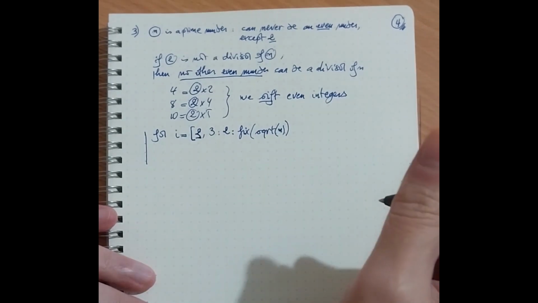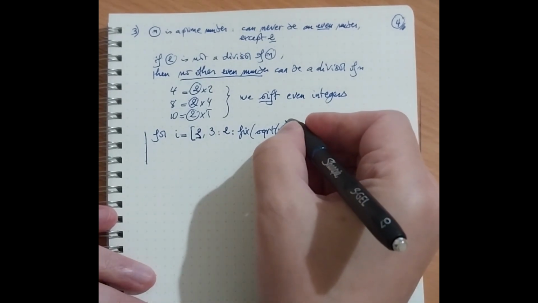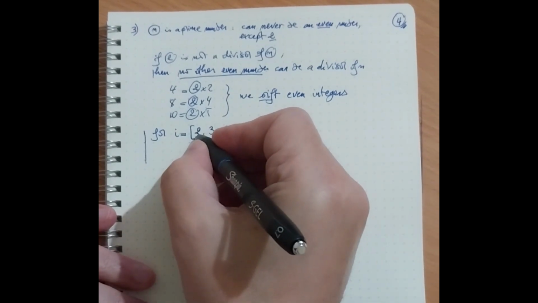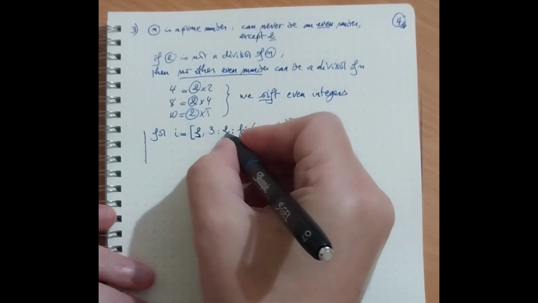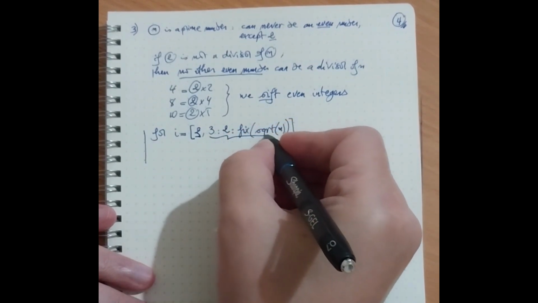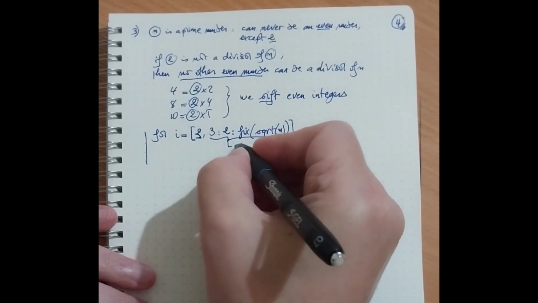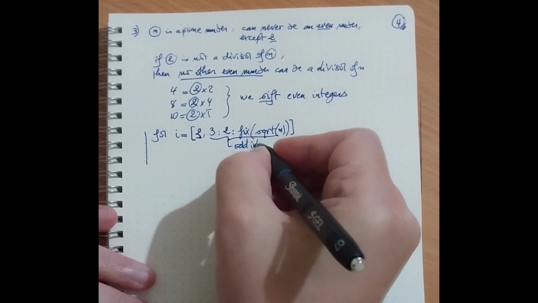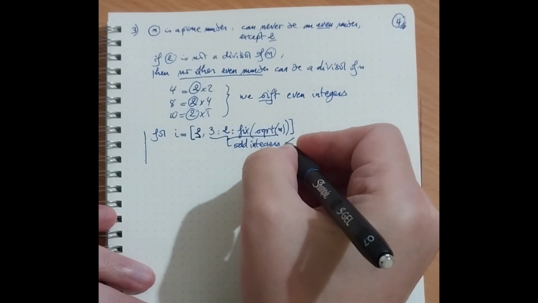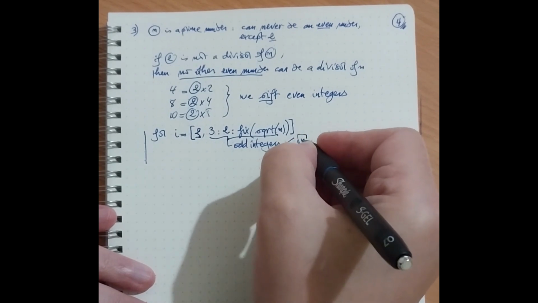So a very slight modification, and we finish. The vector has 2, and then all the odd integers that are smaller or equal to square root of n.